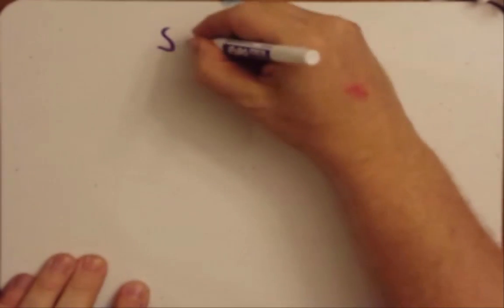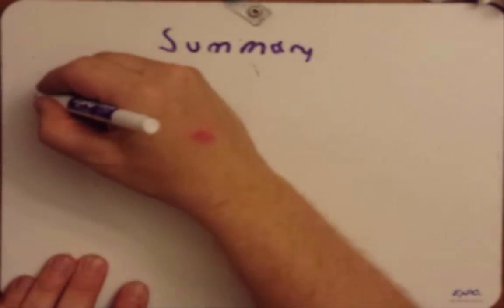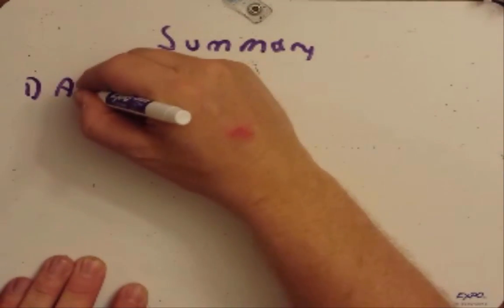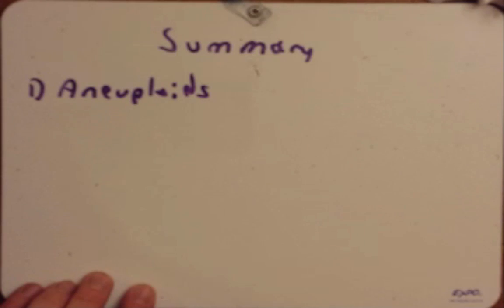Okay, that's all I have to say about aneuploids and polyploids, but let's give a quick summary. Remember, we talked about aneuploids. You should know the difference between a euploid, an aneuploid that is either a trisomy or a monosomy.